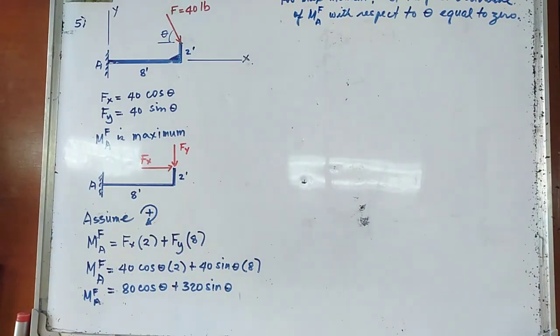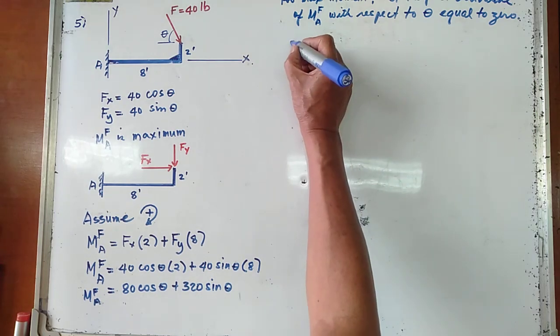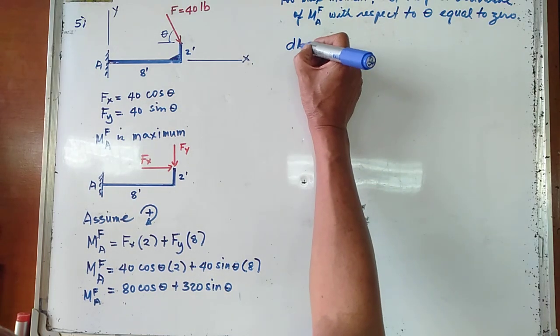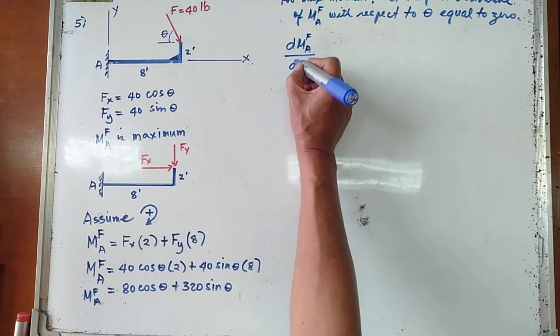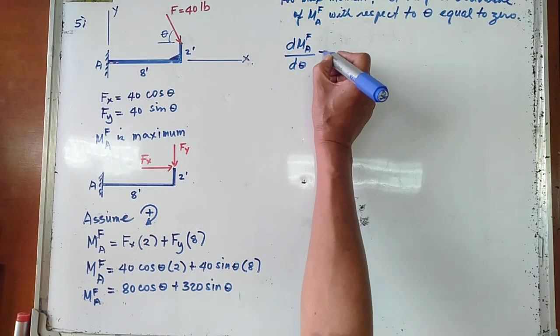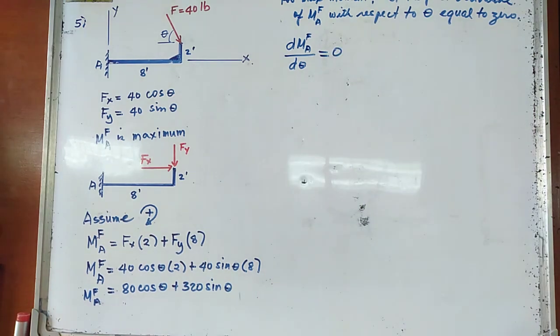So you have to set the first derivative of the moment of F about point A with respect to theta equal to 0.